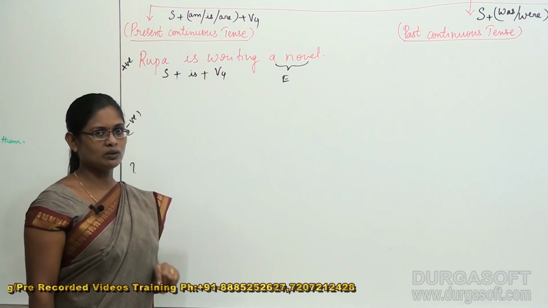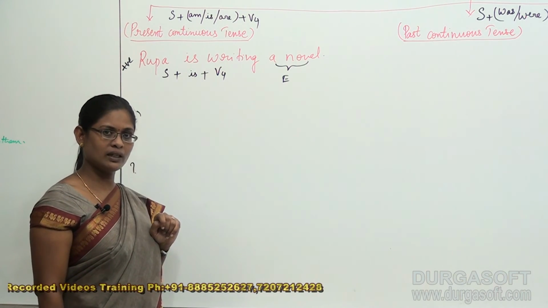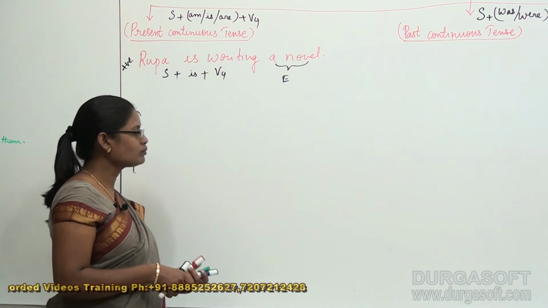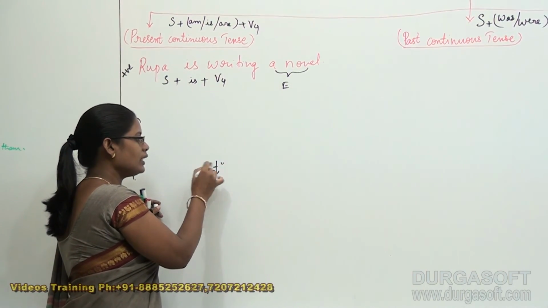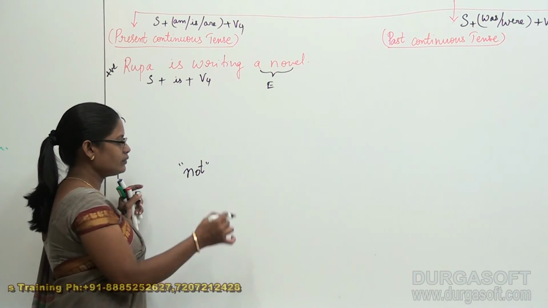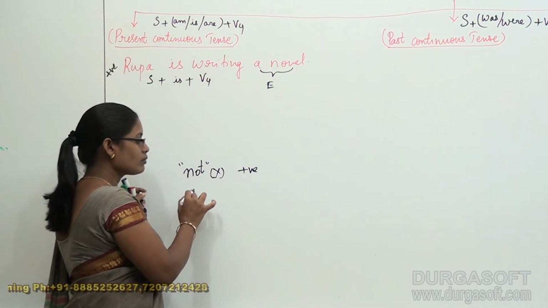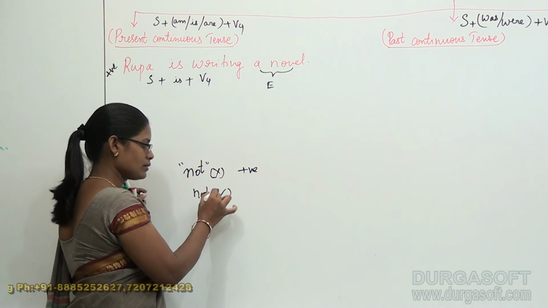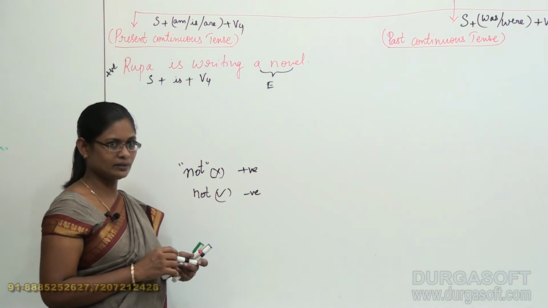That is one of the clues. And there is one more way to find a positive and negative sentence, that is using not. Whenever a sentence doesn't have not in it, it always stands as a positive sentence. If there is no not, it is a positive sentence. If there is not, then it is a negative sentence, as we discussed earlier, right?